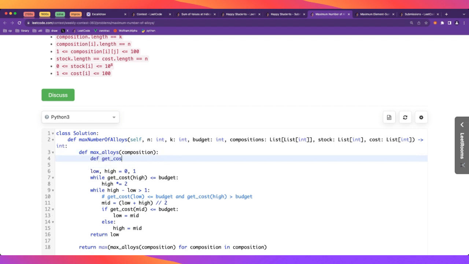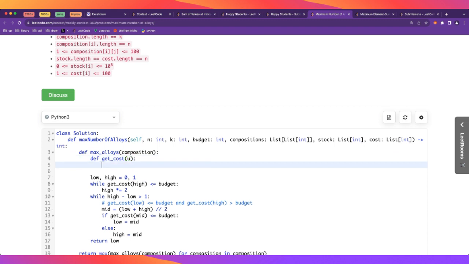So now we have to implement get cost of U, the number of units.